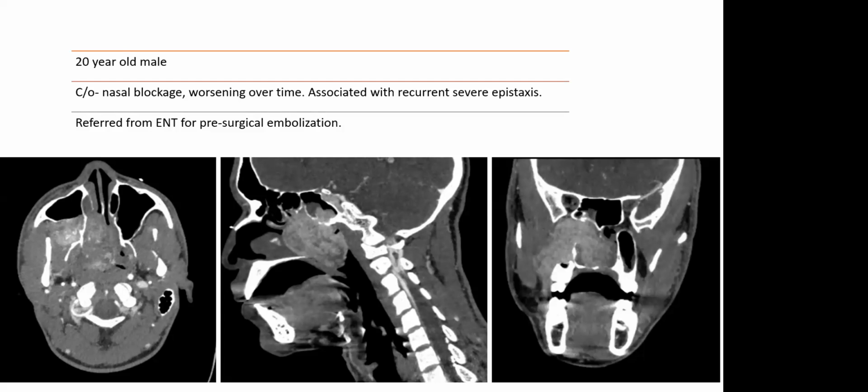So this is usually what we call a juvenile nasal angiofibroma. It is a benign lesion where the patient has abnormal vascular channels, and it can actually cause quite torrential bleeding that can even be fatal. So what we were supposed to do was a pre-surgical embolization in preparation for surgery.